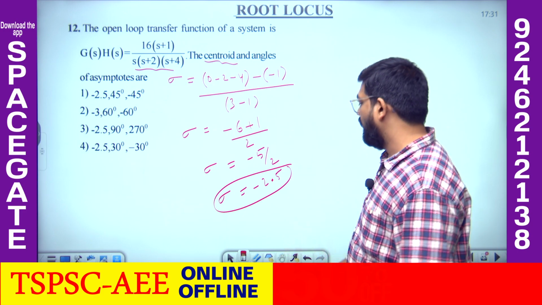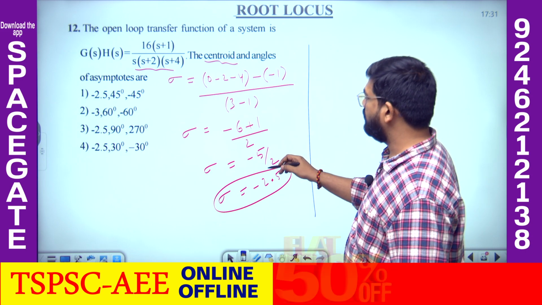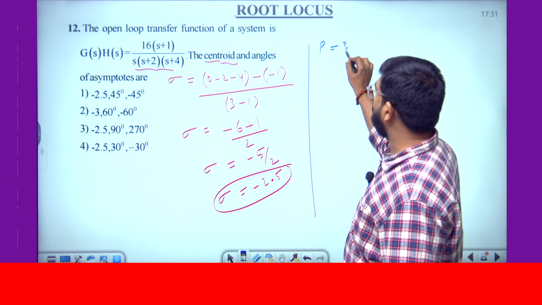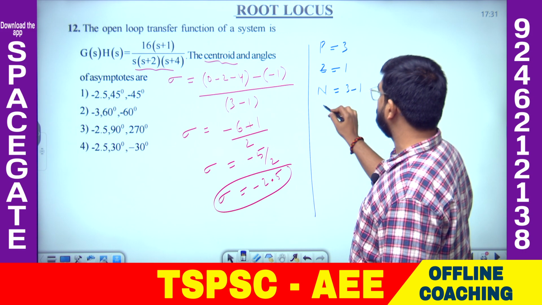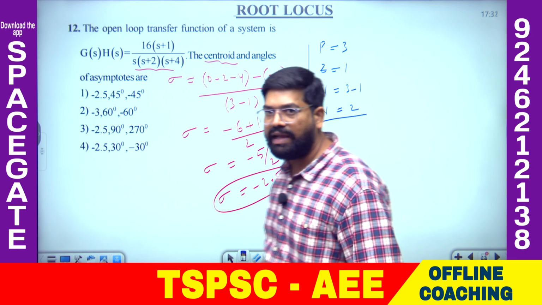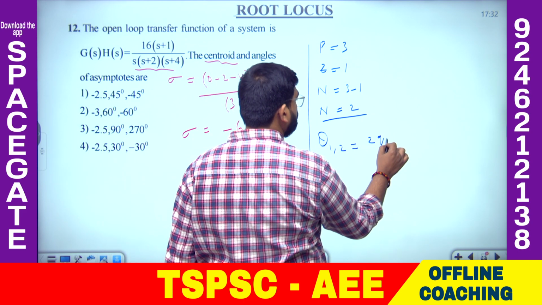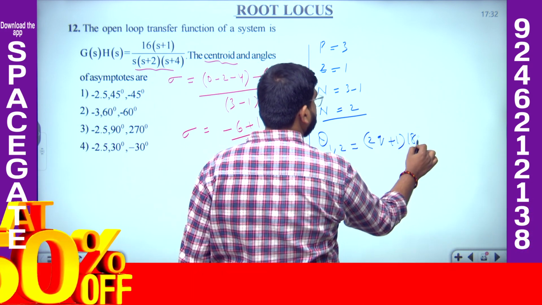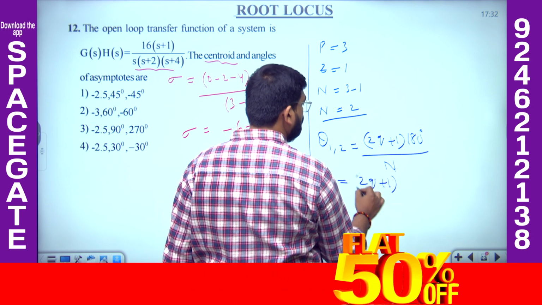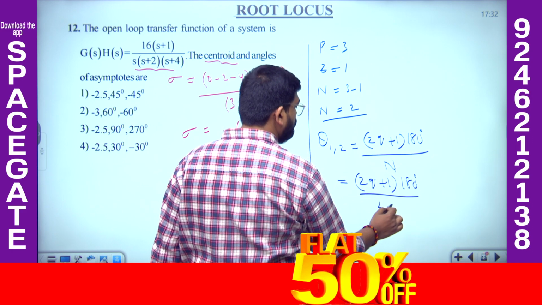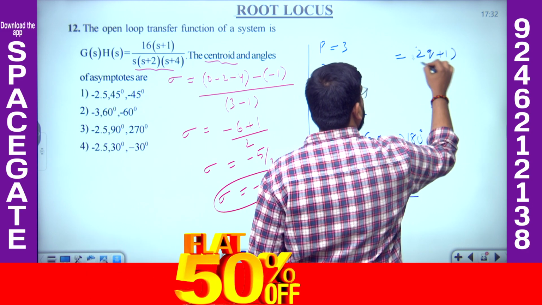You have to find even the angle of asymptotes. If you find angle of asymptotes here, how many angles we get? Number of poles are 3. Number of zeros only 1. So, 3 minus 1 means n is equal to 2. How to find the angle of asymptotes? We get (2q plus 1) into 180 by n. So, n is equal to 2 means (2q plus 1) into 90.